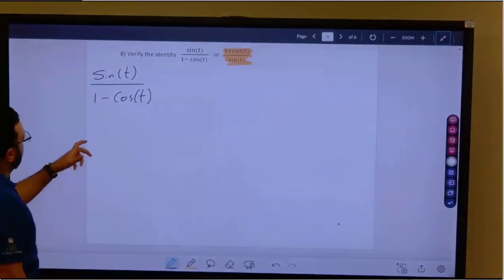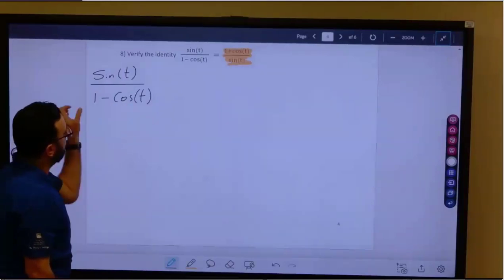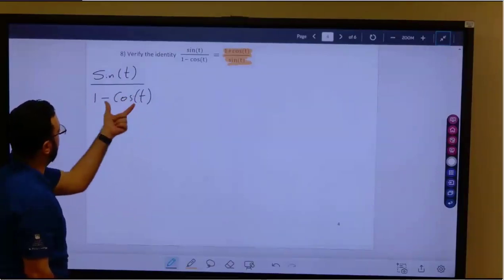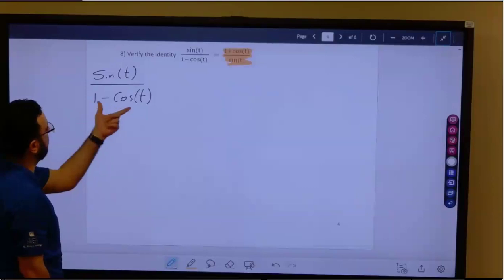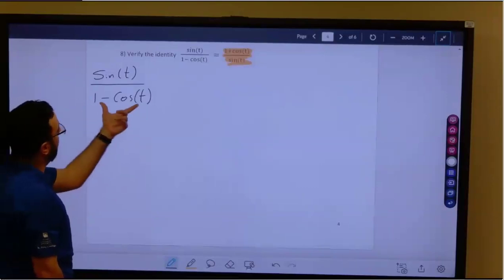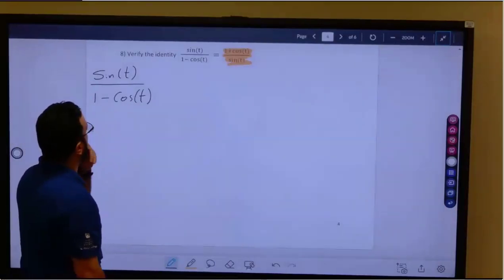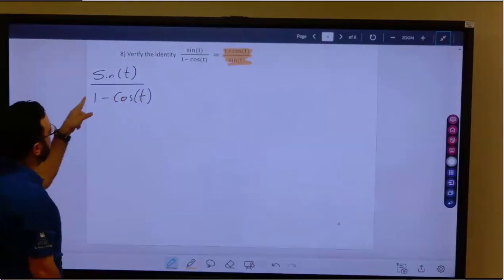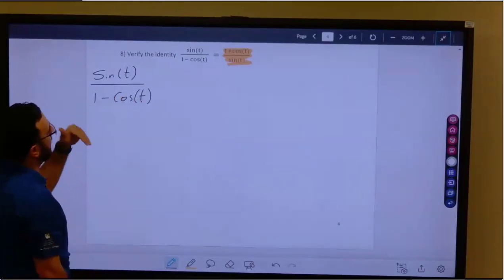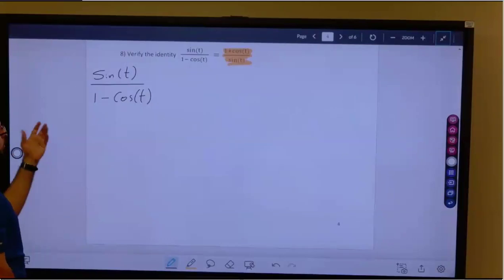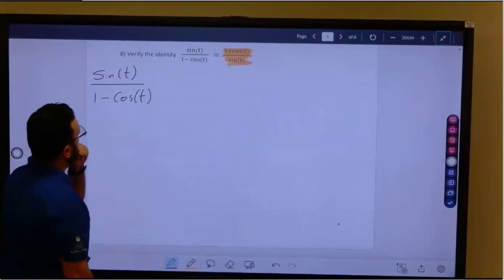But we can multiply by the conjugate of this one to simplify the bottom part, so that you rationalize. Because this one is not a square, this looks like the root of 1 minus cosine t.